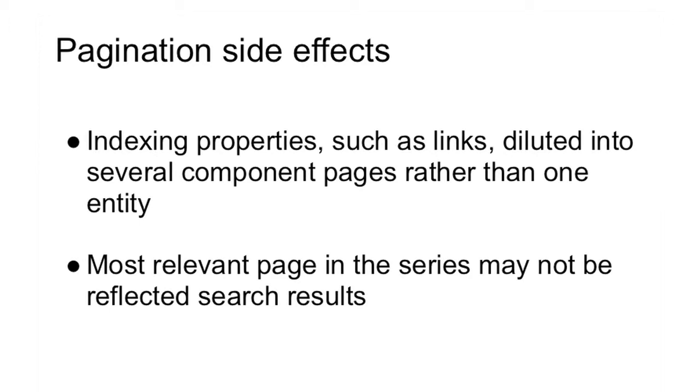The other is that the most relevant page in the series might not be reflected in search results. So if you're the webmaster for this e-commerce site, you might want users to be sent to page 1, say, of your series. But because search engines see this pagination as 3 separate entities, searchers might be sent to a different page that might not be the most relevant. So those are a few of the negative side effects of pagination.